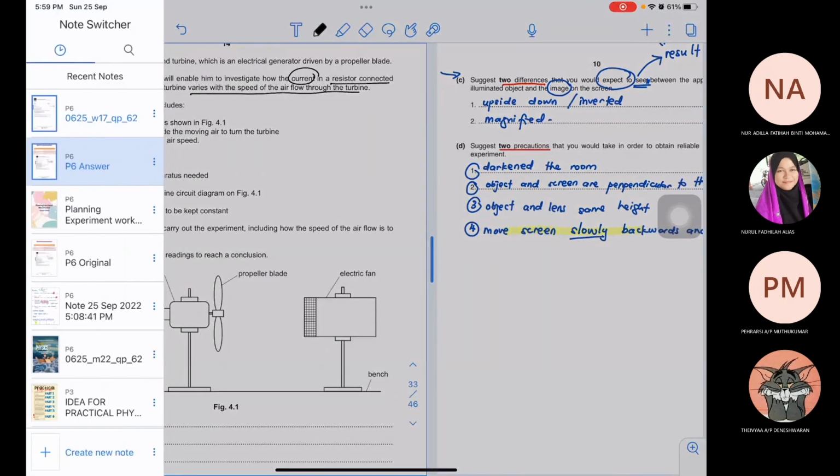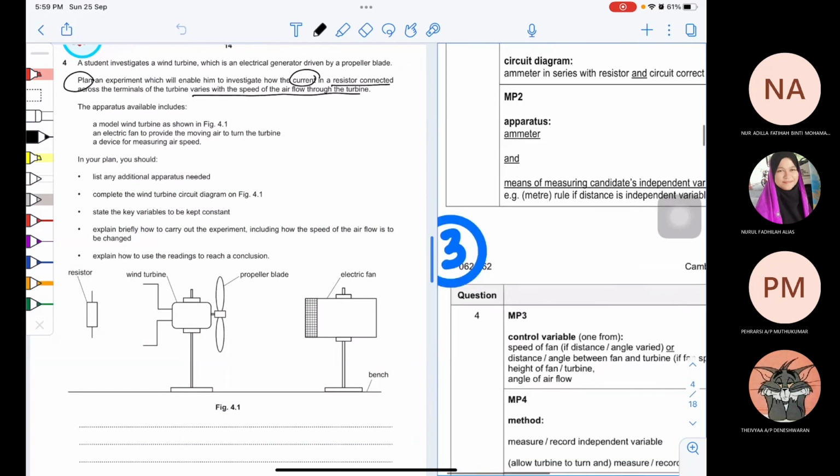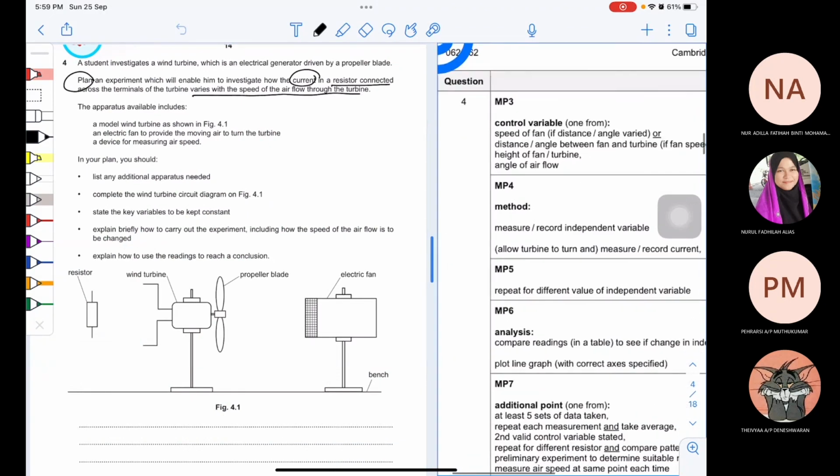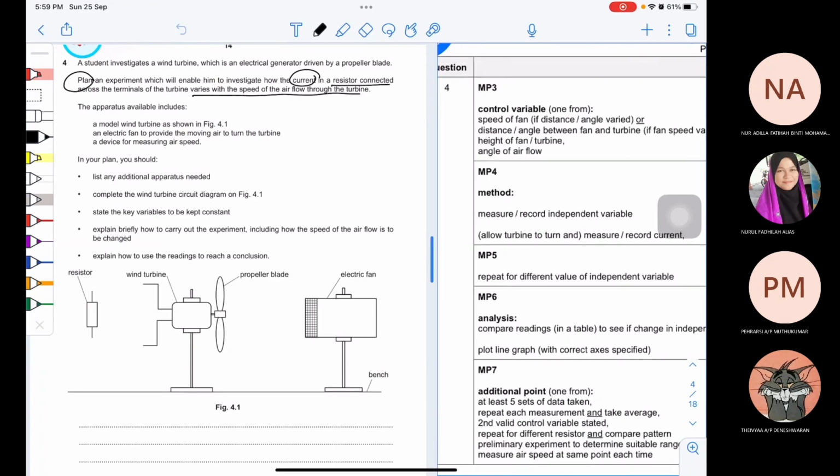Jadi kalau kita terus tengok skema jawapan, ini question number 3 kan ni. So kat sini dia kata kita mesti control the speed of fan distance. Jadi saya pun expect you jawab macam ni je. Sebab apa?